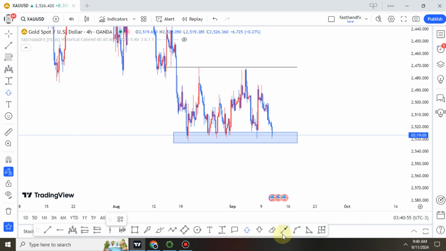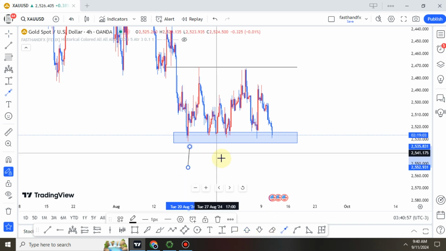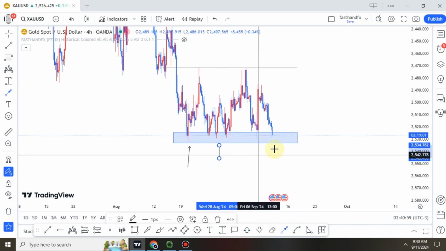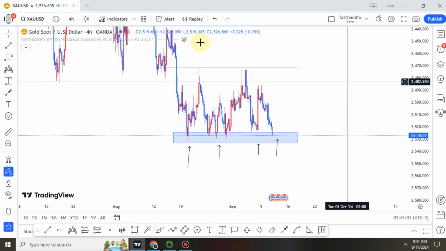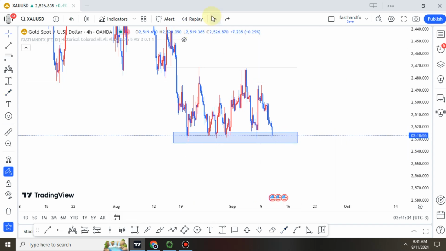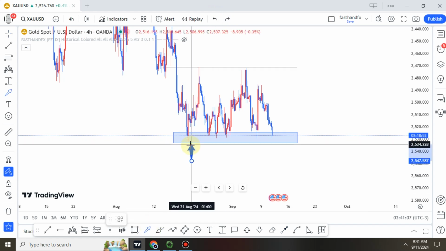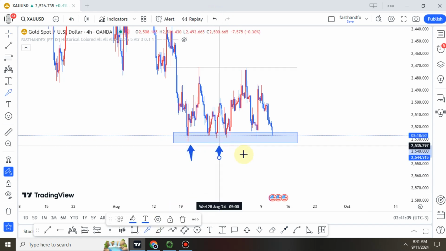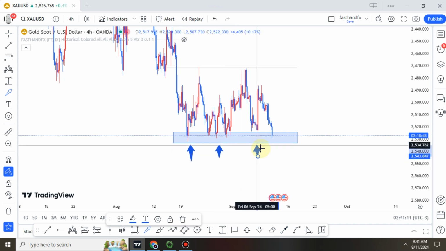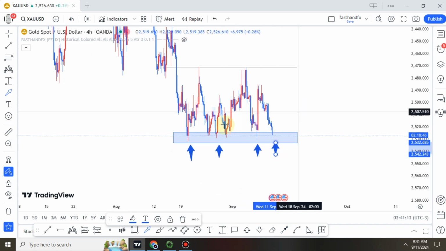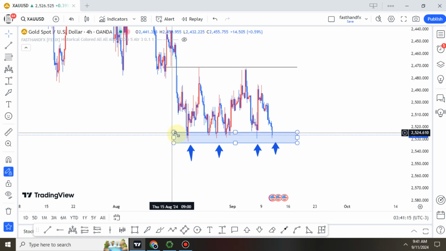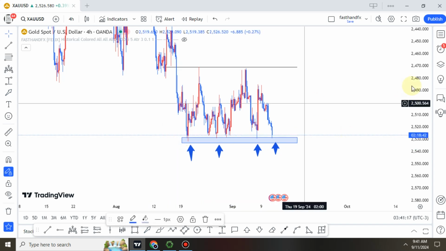Let me use an arrow. We've seen all these touches, right? You had those selling pressures right there. Now we've seen that this is where the price currently is, right?